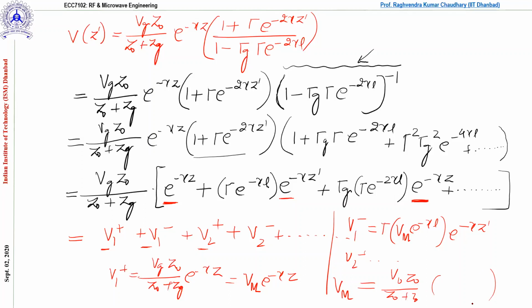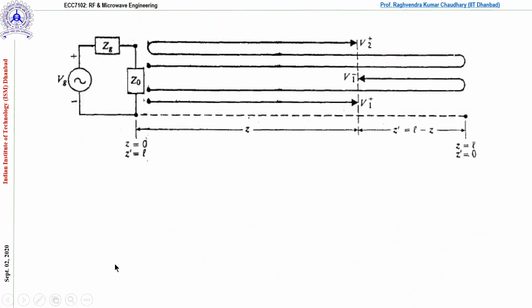What idea? That how this physics is actually happening inside the transmission line when we are going to launch a wave. Fine. So how does this look? Let us try to understand. Correct. So this is the situation actually. So here your Vg is there. Here this is Zg, correct, and this is Z naught.